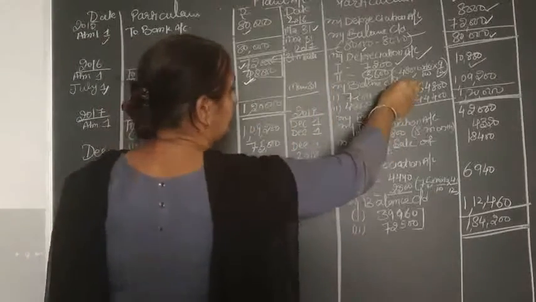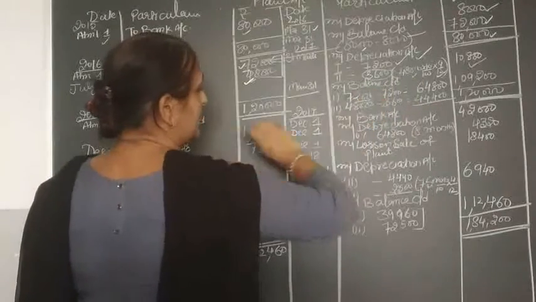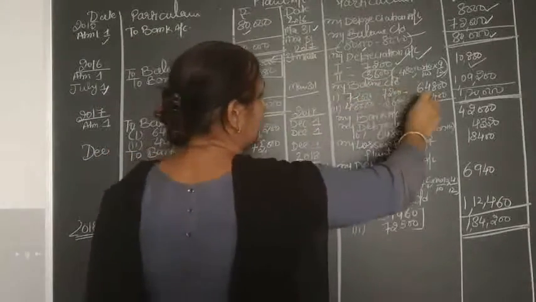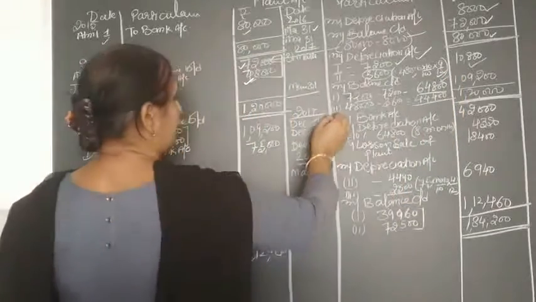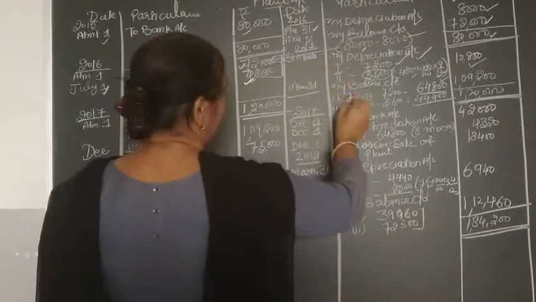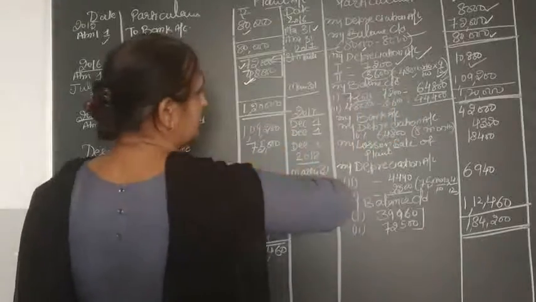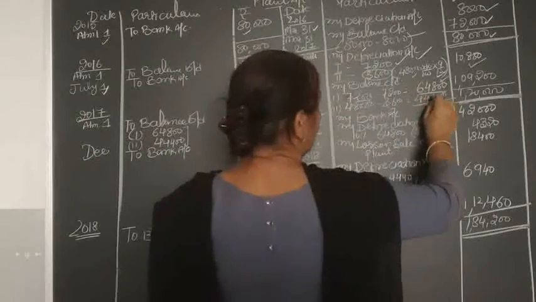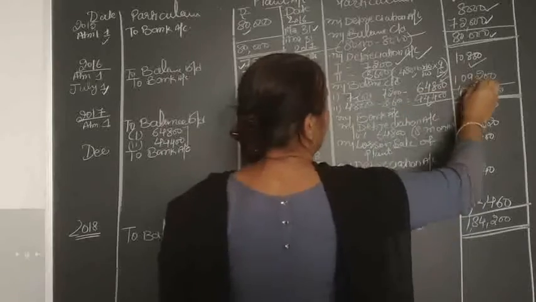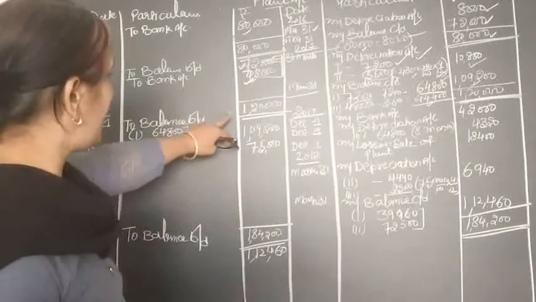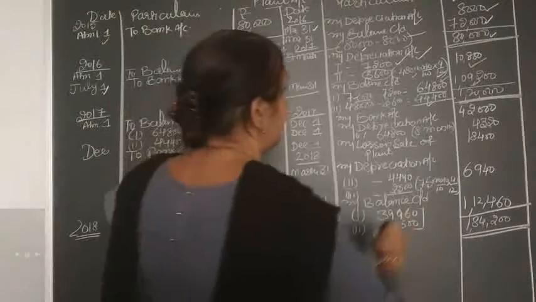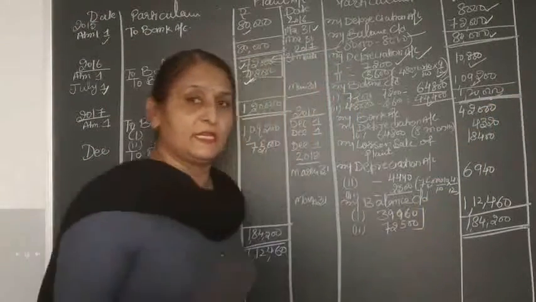Then we can find out the balances in the second year. By balance carried down, balance of first plant 72,000 minus 7,200, 64,800, and the balance of second plant 48,000 minus 3,600, 44,400, and the total balance is 1,09,200. Accounts of the second year are closed with the amount of rupees 1,20,000.